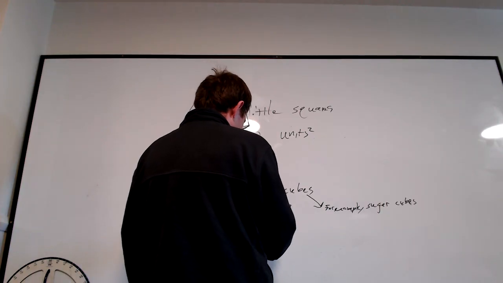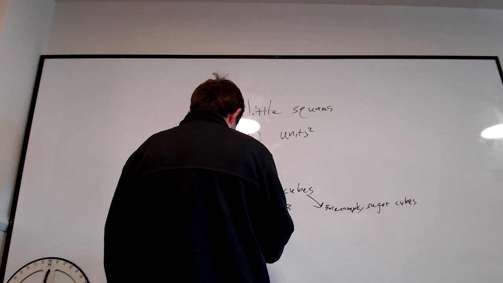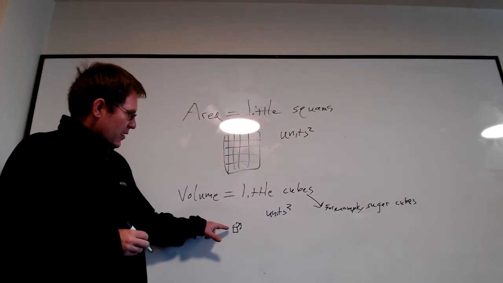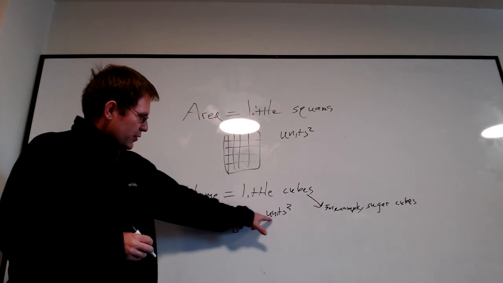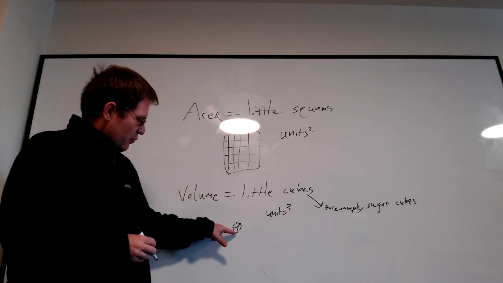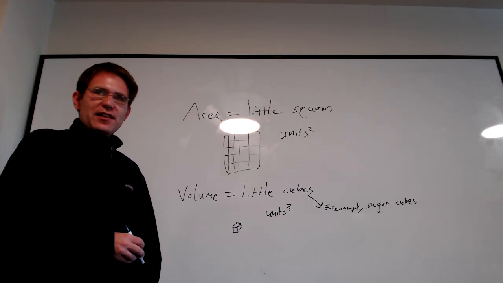So since it's three-dimensional, to get volume, the reason why it's units to the third is because we're taking the area of one face, like this square here, and then we're multiplying it by its depth as well.